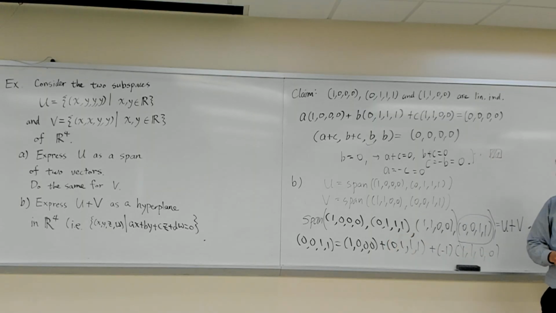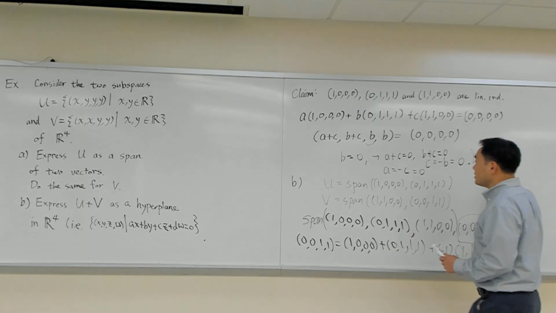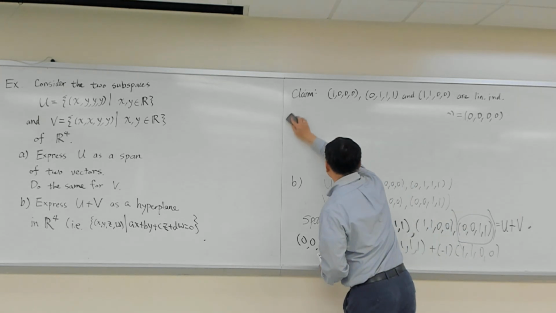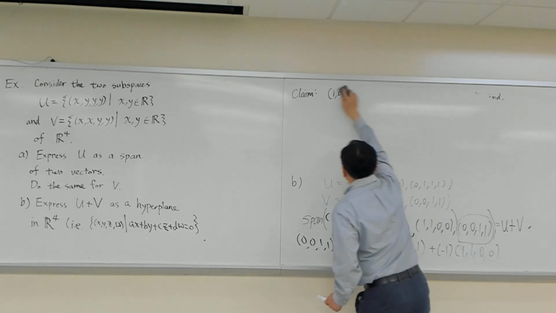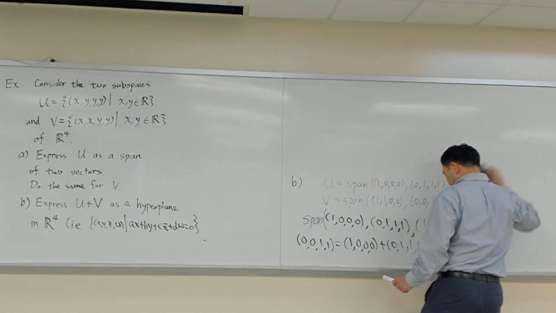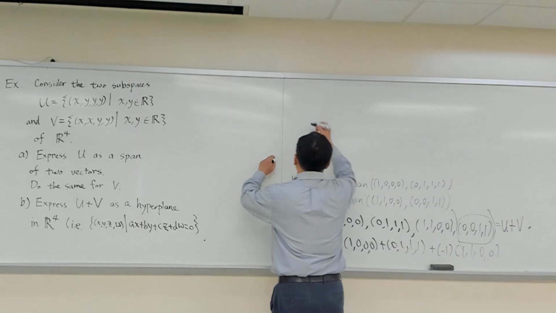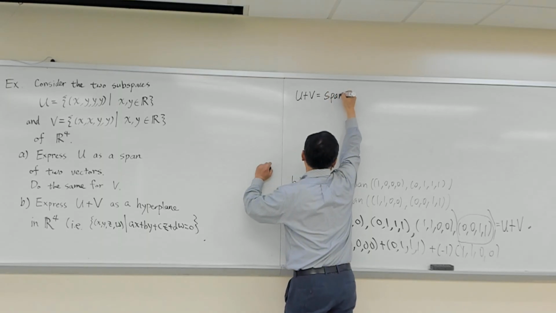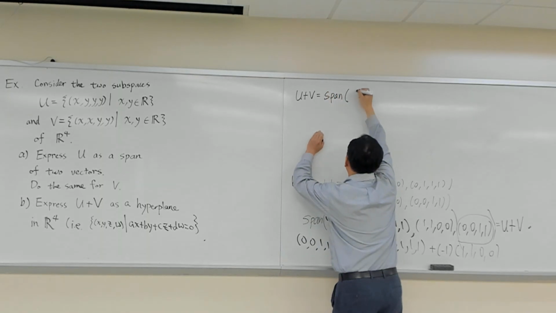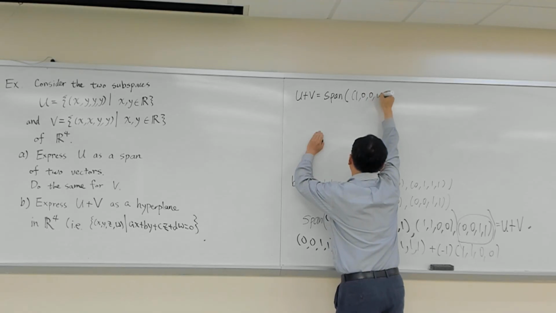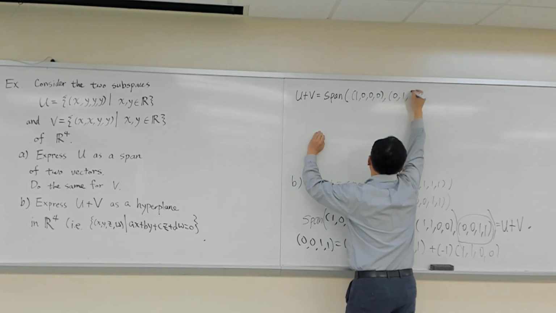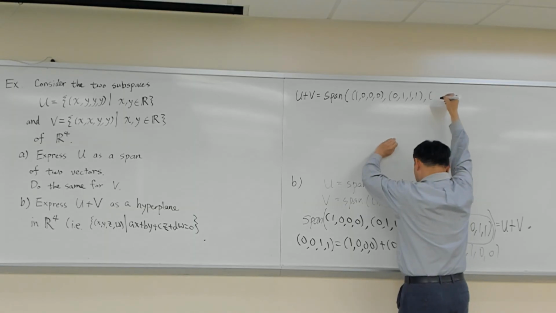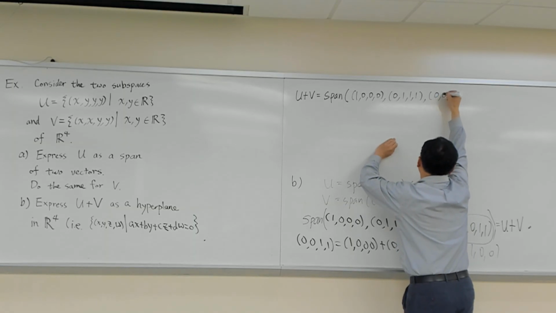So the linear dependence lemma says the following: that u plus v is now the same as the span of just three objects, which is 1, 0, 0, 0, 0, 1, 1, 1, and then 0, 0, 1, 1.